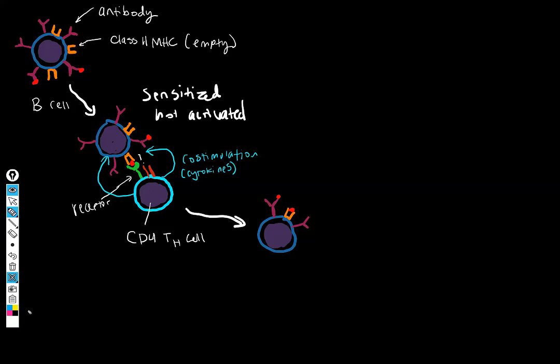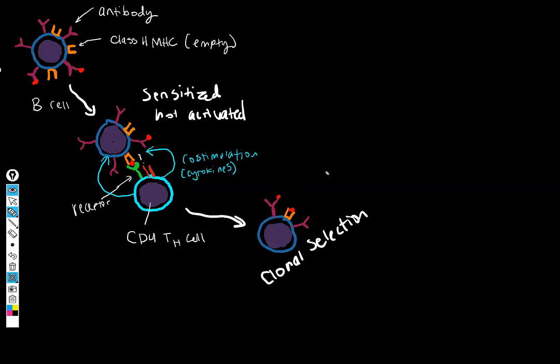So now what's going to happen to this is clonal selection, which is the rapid mitosis of this cell to produce many, many copies of this same now activated and sensitized B cell that are capable of doing stuff.